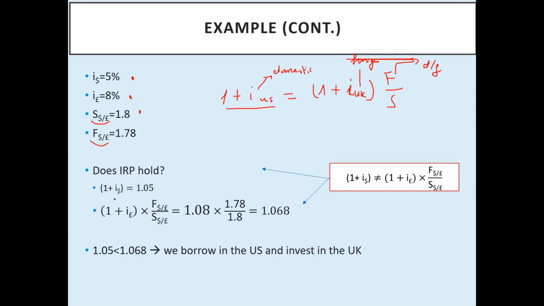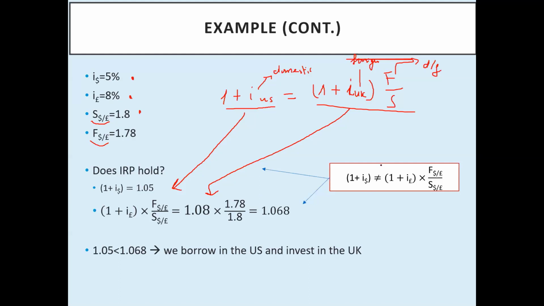Okay, so in this case, for the question I have here on the slide, if I check the interest rate parity condition, the left-hand side is equal to 1.05, okay? So 1 plus the interest rate in the US is 1.05. On the right-hand side, if I calculate these terms, I will find that it is equal to 1.068, okay?